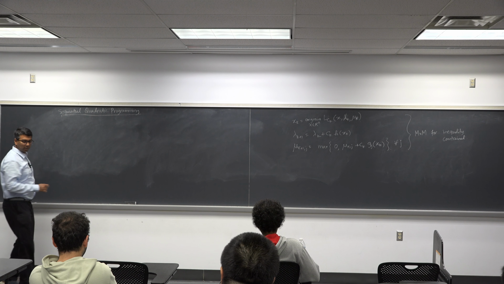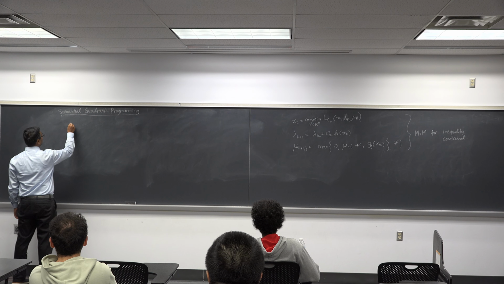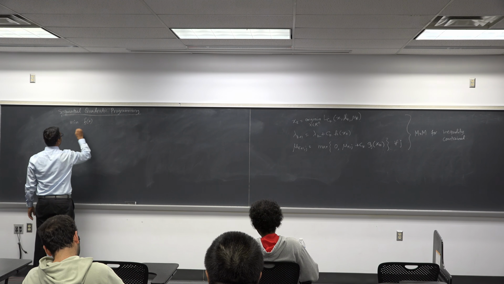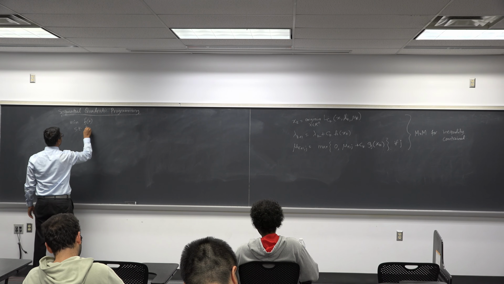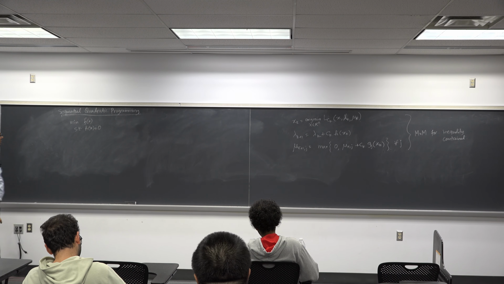So what's the problem statement here? Again, let's start with a simple problem. I want to minimize f of x such that h of x equals 0. I will add the inequality constraints in a bit, but let's talk about this particular problem. What do I know about this problem?